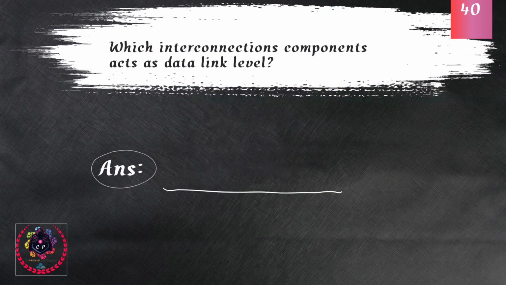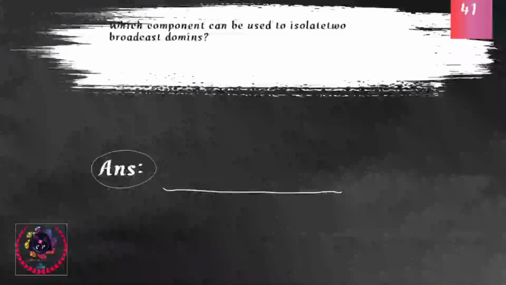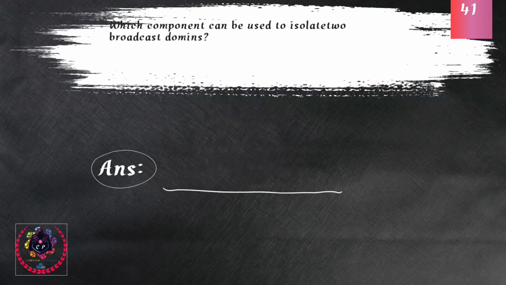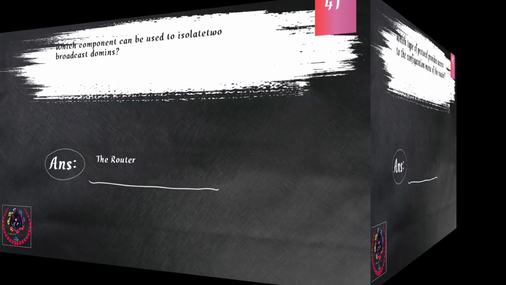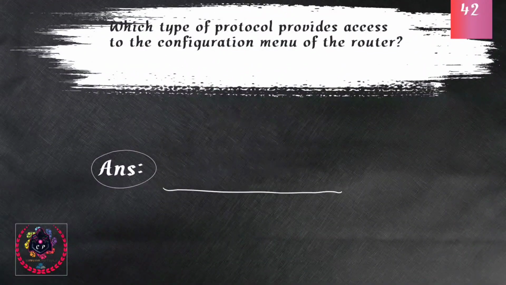Which interconnection component acts at the data link layer? The bridges. Which component can be used to isolate broadcast domains? The router. Which protocol provides access to the configuration menu of the router? Telnet.